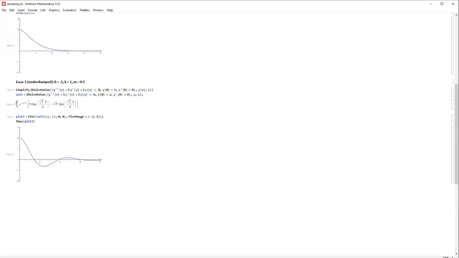And again, in the form that the solution is written, it's not very easy to see what the amplitude is. But we do get oscillations because we have the cosine and sine functions here, which we know are periodic and have an amplitude.